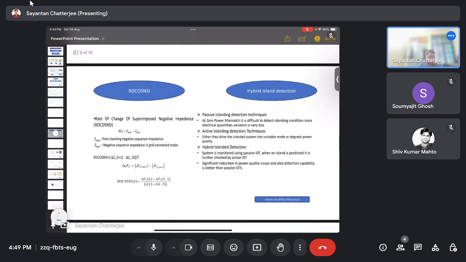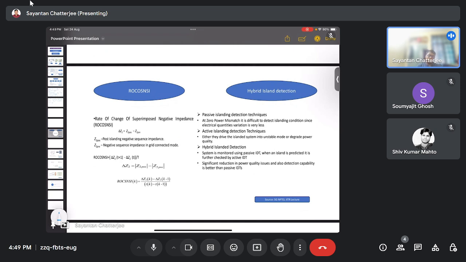So till then, if you have any doubt you can ask. Wait for 2 minutes and then we can start the island detection for the microgrid, based on the rate of change of negative sequence impedance. This is the technique based on superimposed negative sequence impedance.